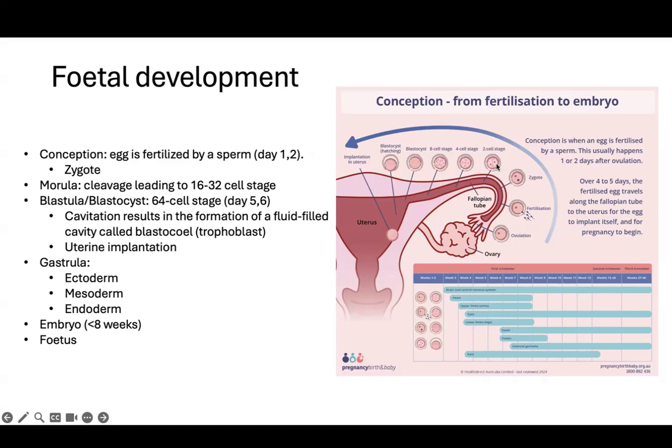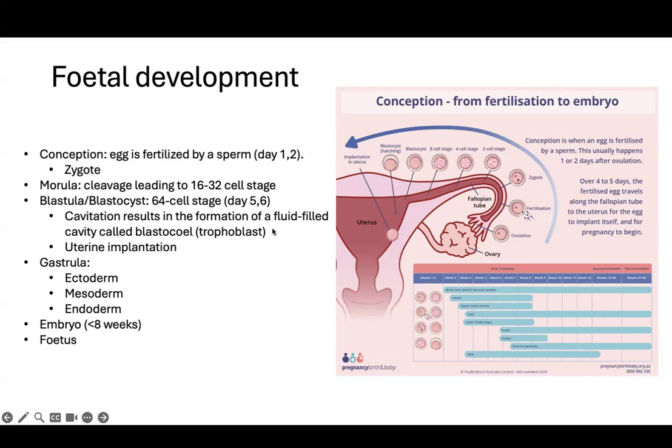But the key bit you need to know is the morula. That is the cleavage leading to the 16 to 32 cell stage, just after the 8 cell and before the blastocyst, which is the stage afterwards. So there is an in-between stage over here.